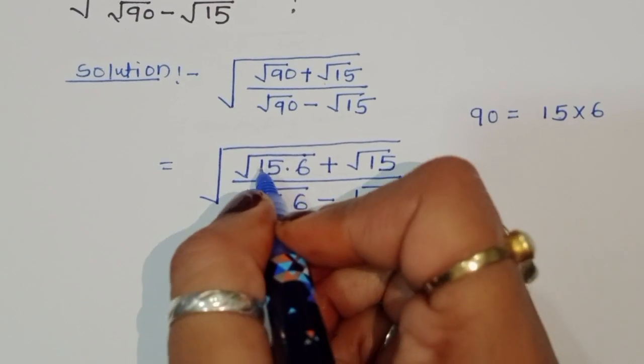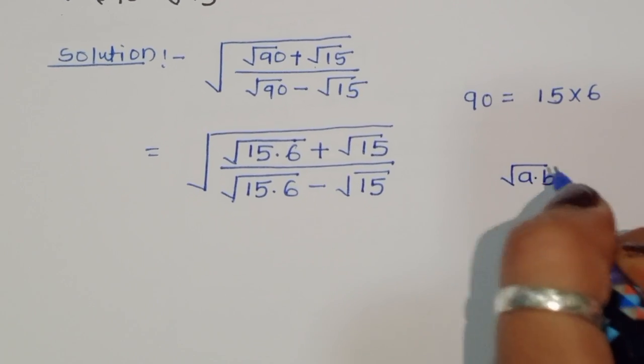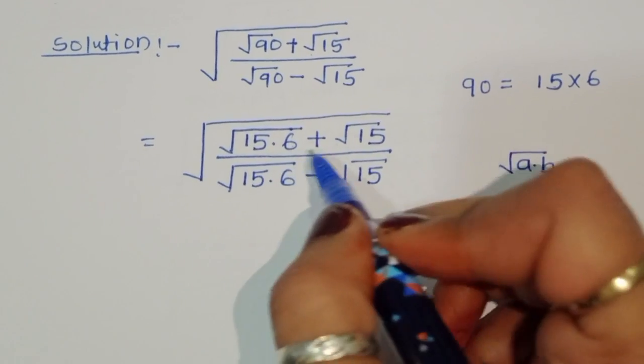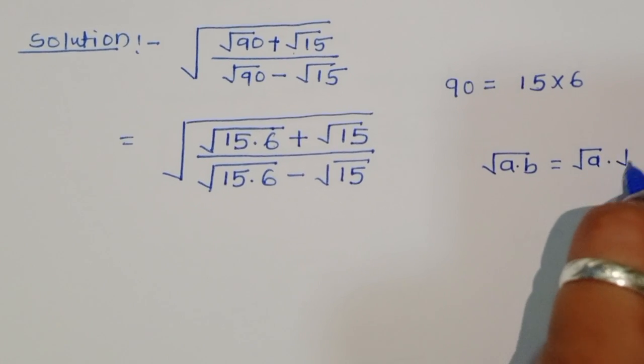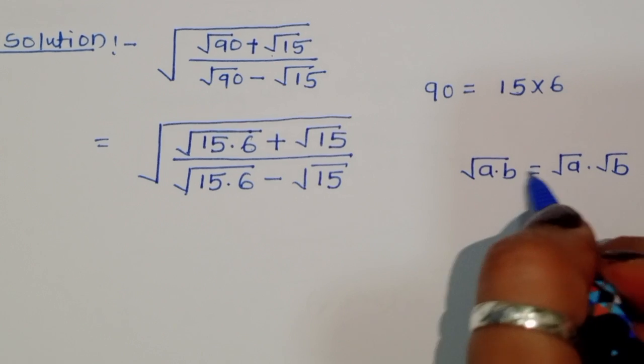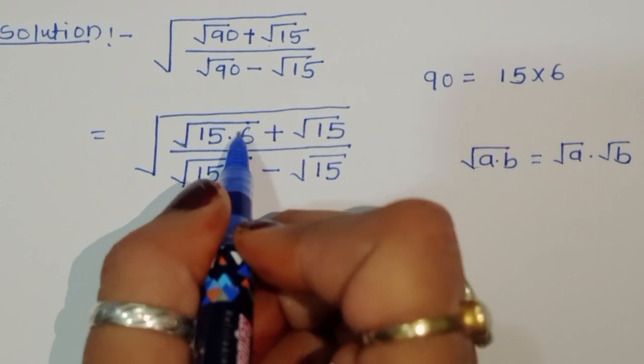Now we know one formula: if the square root of a times b is given, we can write it as square root of a times square root of b. Using this formula we can write square root of 15 times square root of 6.